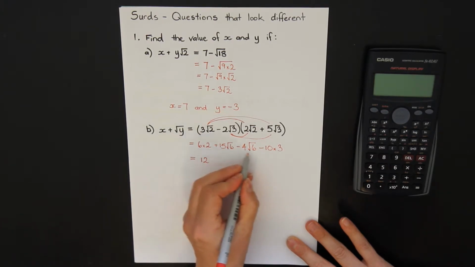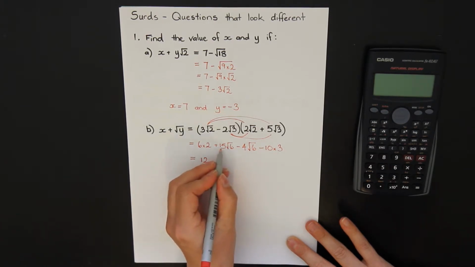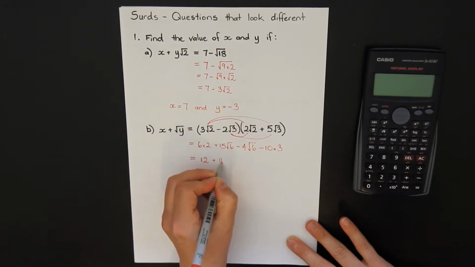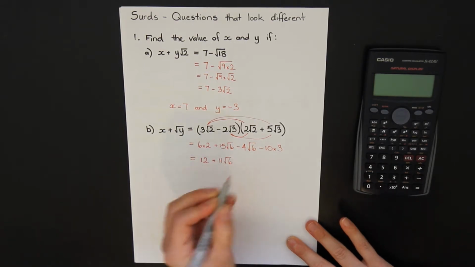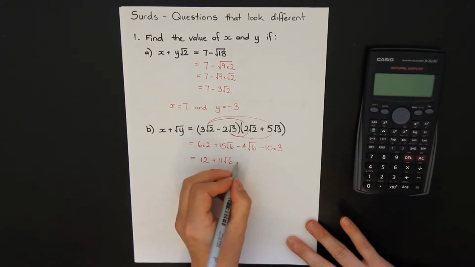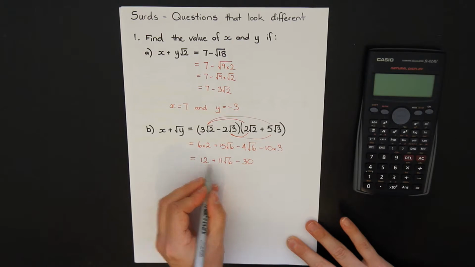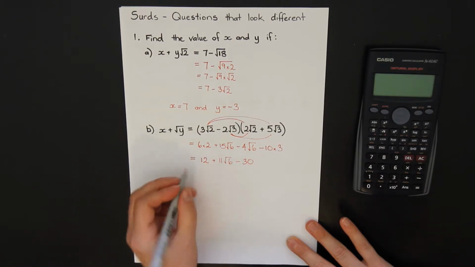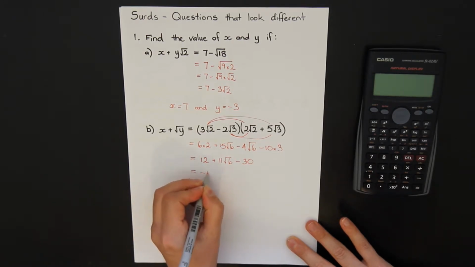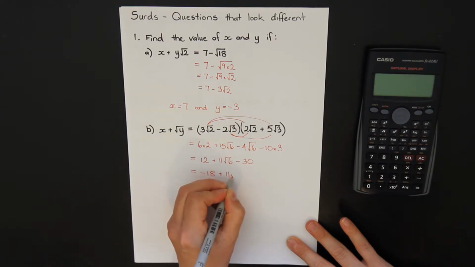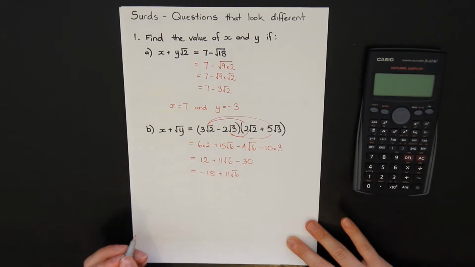These are like surds, so we can collect them up. 15 minus 4 makes a plus 11 root 6, and minus 10 times 3 is minus 30. 12 minus 30 makes a minus 18, and then the plus 11 root 6 goes afterwards.